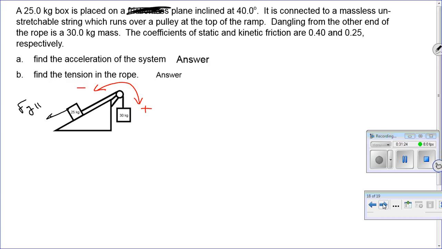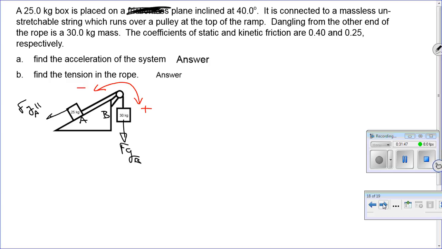What else? Friction. I think we all know what's going to happen, but hold off on it for one second. Before we do friction, there's one other force: gravity on the other box. Let's name these guys. Let's call this one A and let's call this one B. So this is A and B. All right, now we can do friction.